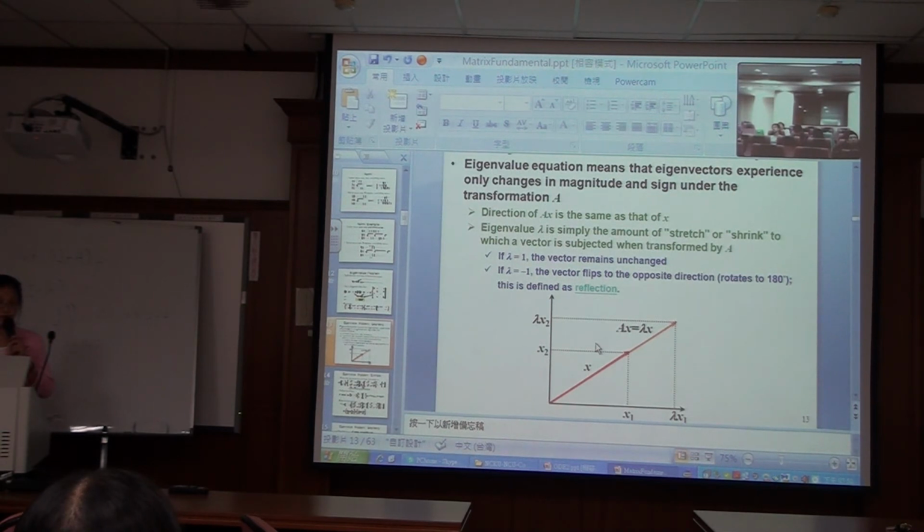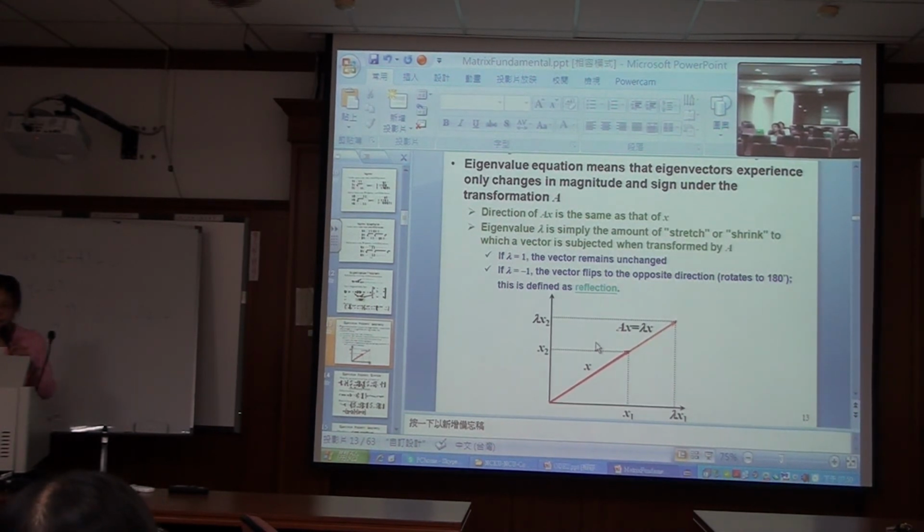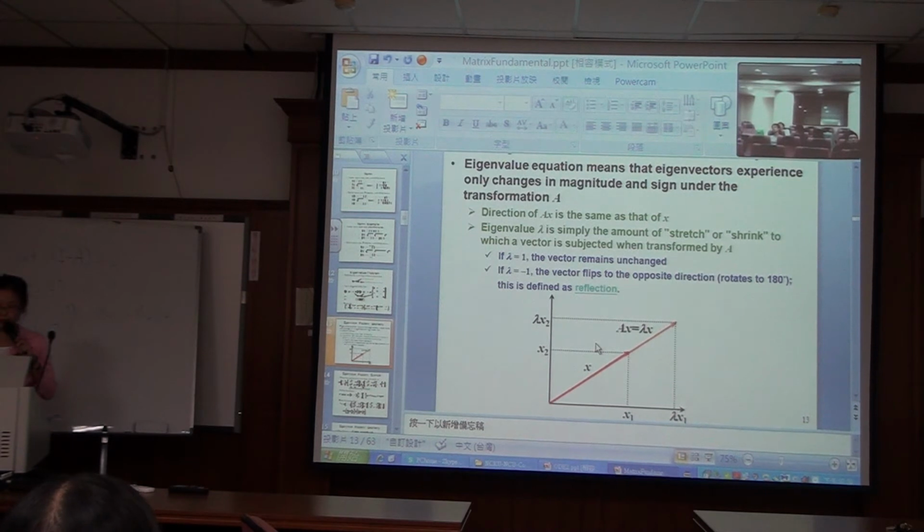If the eigenvalue is greater than 1, then the length of the transformed vector will become longer.